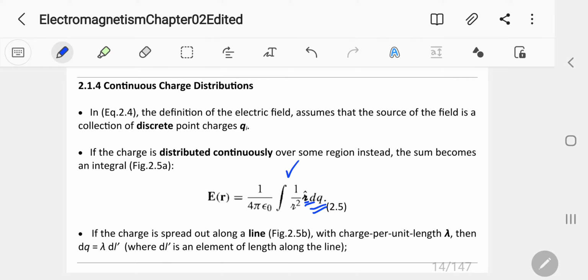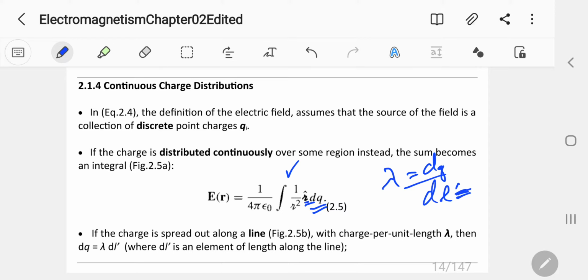If the charge is spread out along a line, you have a line distribution or a line charge density, and your lambda is just equal to dq over dl prime. You're dealing with dl prime, the prime coordinate, because this is the source.